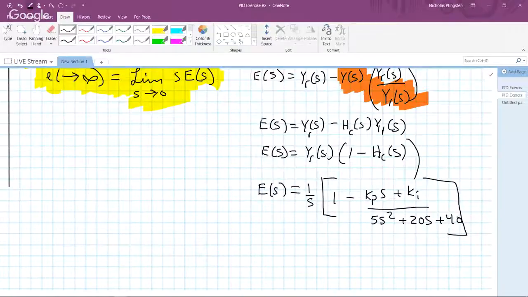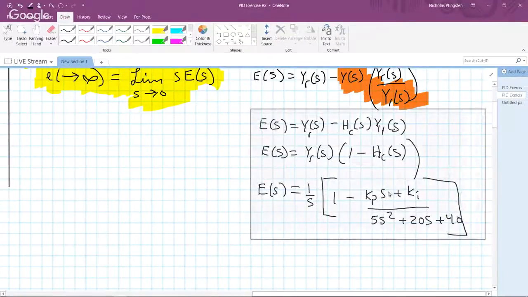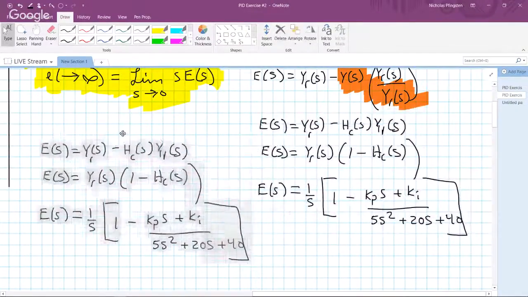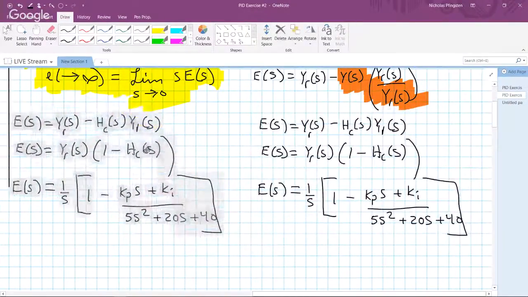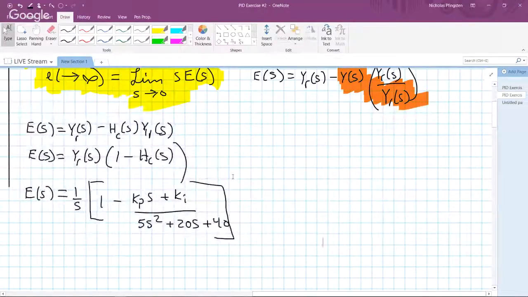Okay. And we're going to try to simplify this just a little bit. So let me move everything to the left.